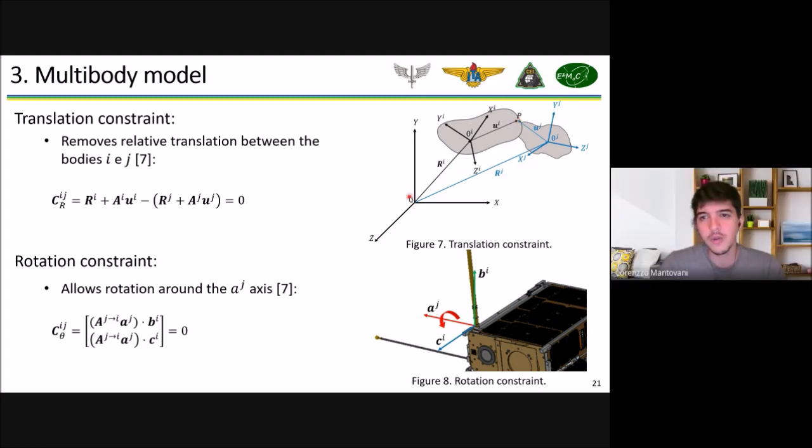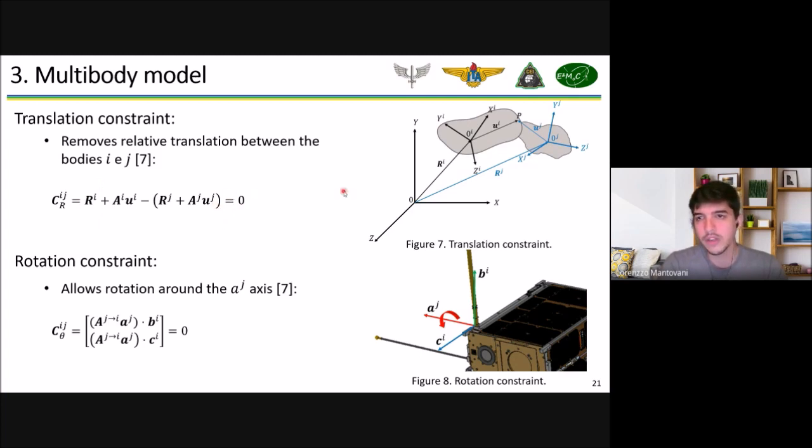Eu posso usar qualquer combinação de vetores para chegar nesse ponto P e qualquer outra combinação de vetores para chegar nesse ponto P, mas essa soma final vetorial tem que resultar na mesma coisa. Se ela não estiver resultando na mesma coisa, significa que esse ponto não é único no sistema inercial, ele não é comum a esses dois corpos. E é basicamente o que isso quer dizer, que essa restrição tem que ser sempre igual a zero.